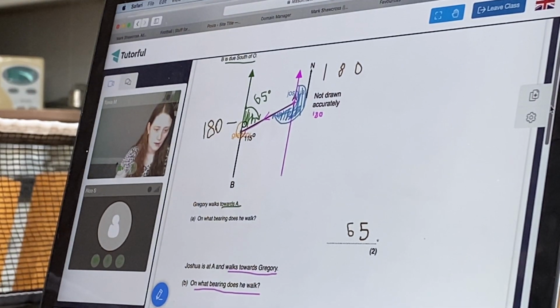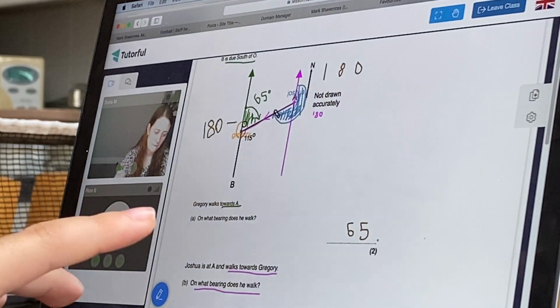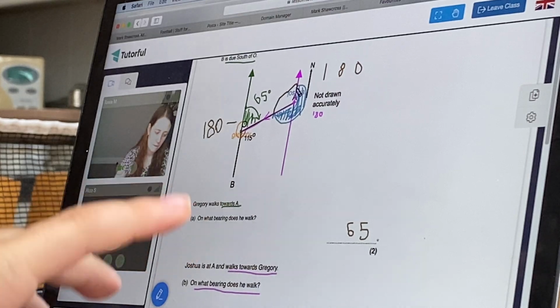Yes. There's another way we could do this though, if you remember back to the last question we did, and we used alternate angles, do you remember? Yes, the Z angle. So I need to find that.